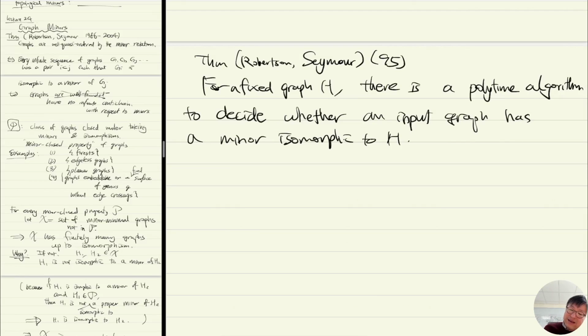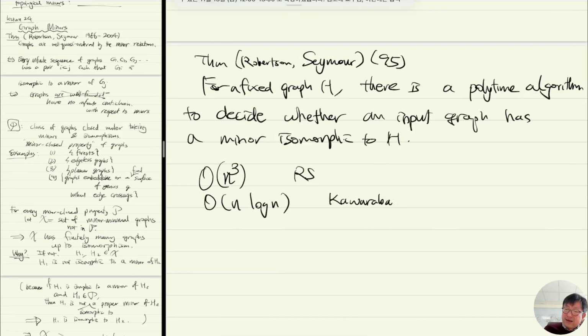I think the running time in the Robertson-Seymour result was something like n cubed, but the current best is probably something like n log n, by Kawarabayashi and Reed. Okay.